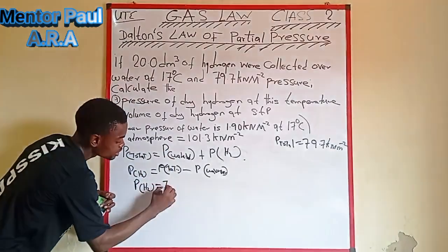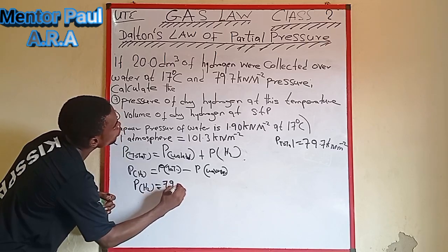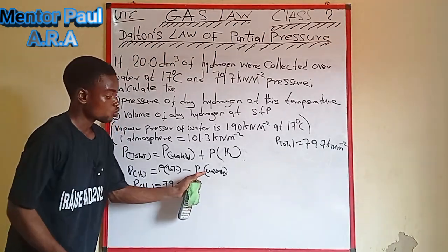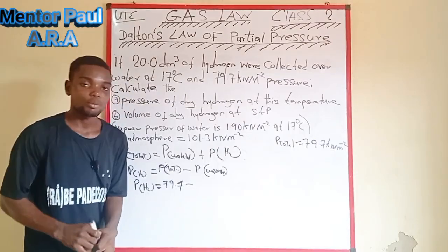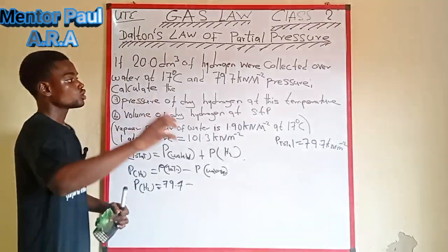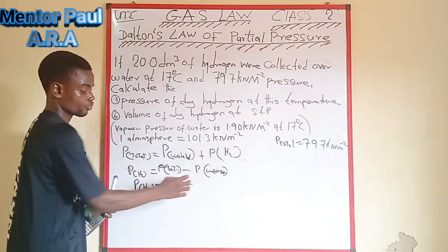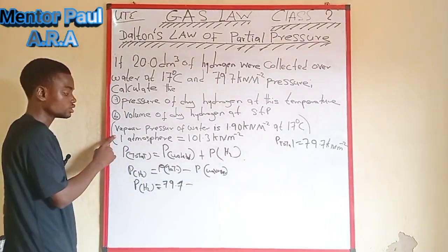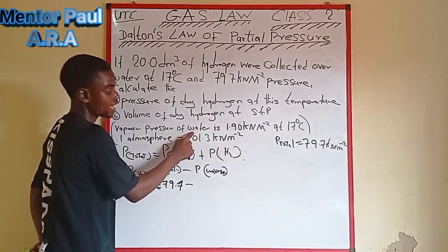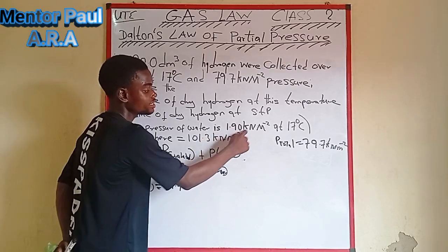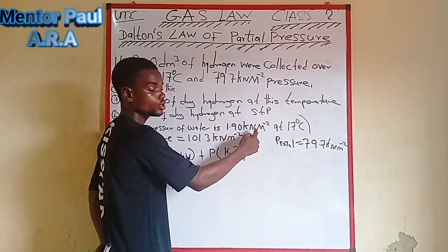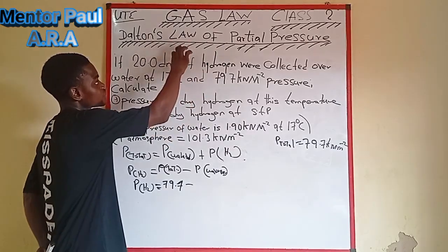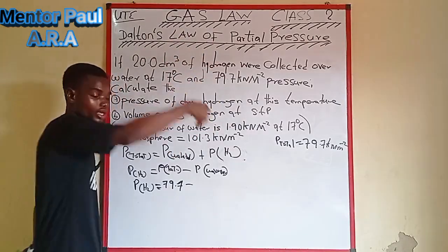I'm going to put 79.7. Now I'm going to minus it with the pressure of water vapor. Now can we see any value of water vapor here? If you look at the bracket, you're given the vapor pressure of water is 1.90 kilonewton per meter square at 17 degrees Celsius. That is at this particular temperature that they collected that water.